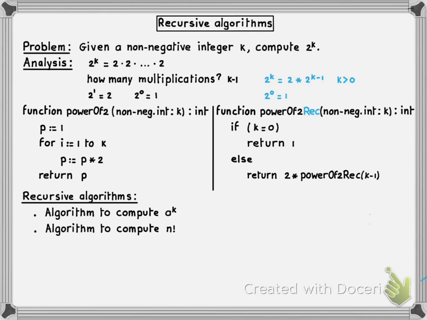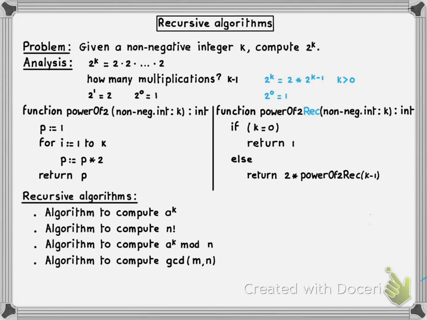That's probably the most famous recursive algorithm. Another example would be a recursive algorithm to compute a to the power k modulo n. Yet another recursive algorithm is very popular to compute the greatest common divisor of two integers, m and n.